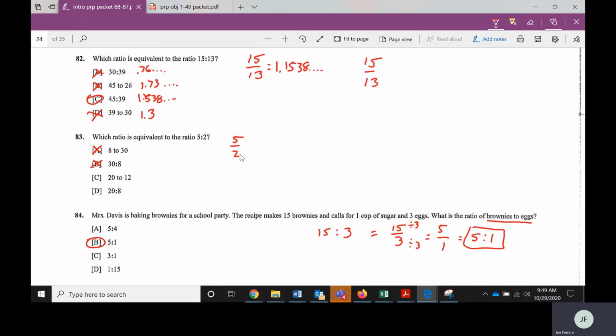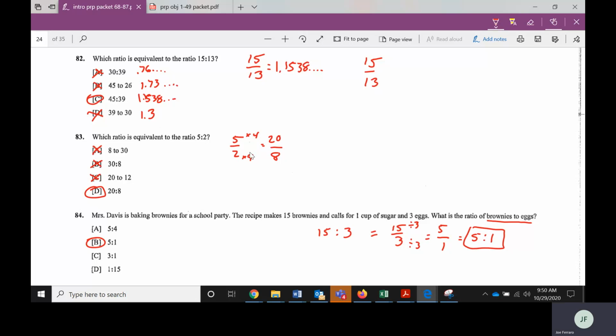So if I do the bottom by 4, 2 times 4 is 8, not 12, so that's out. Okay, now the bottom one, to get from 5 to 20, I'd have to multiply by 4. Okay, I'll write it out this time just because I know this will be the answer. Now, if I do the bottom by 4, will that equal the 8 needed? Yes, and so that equals that.